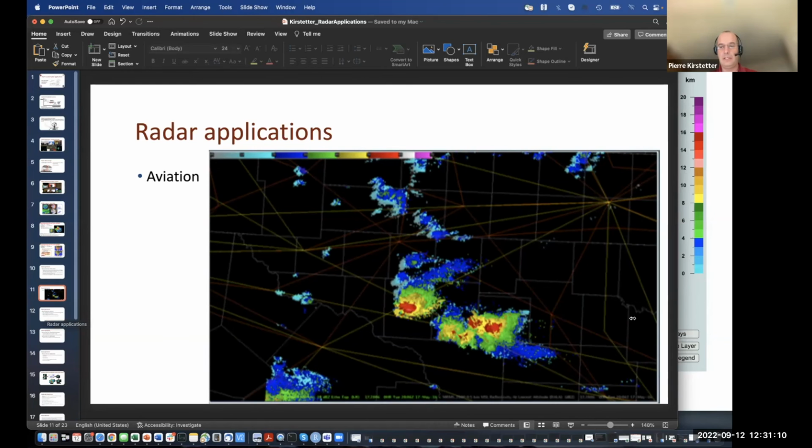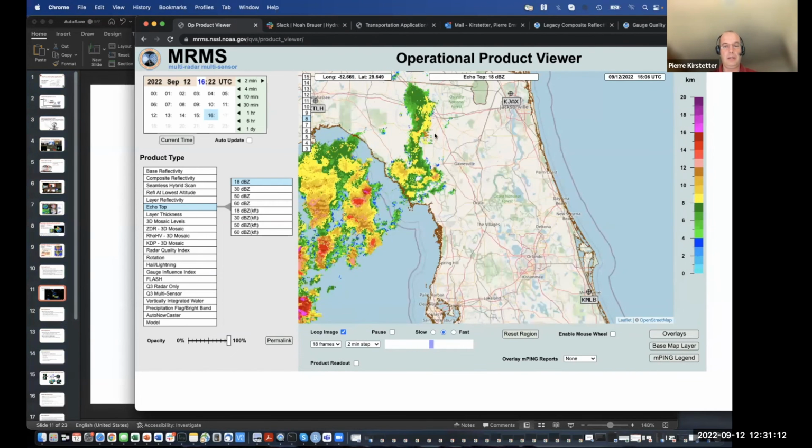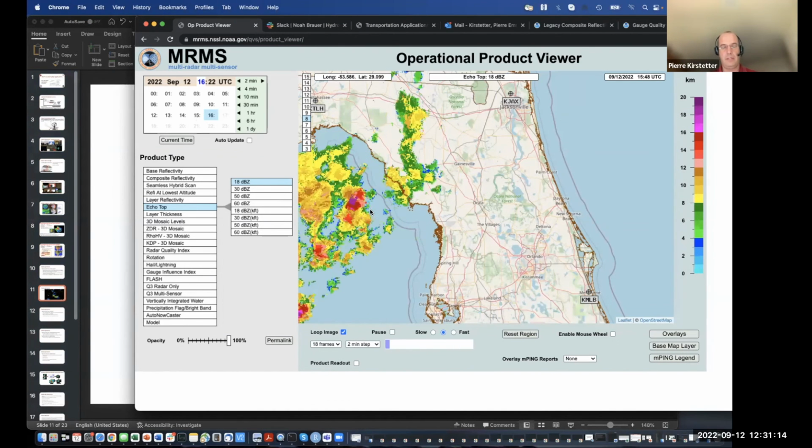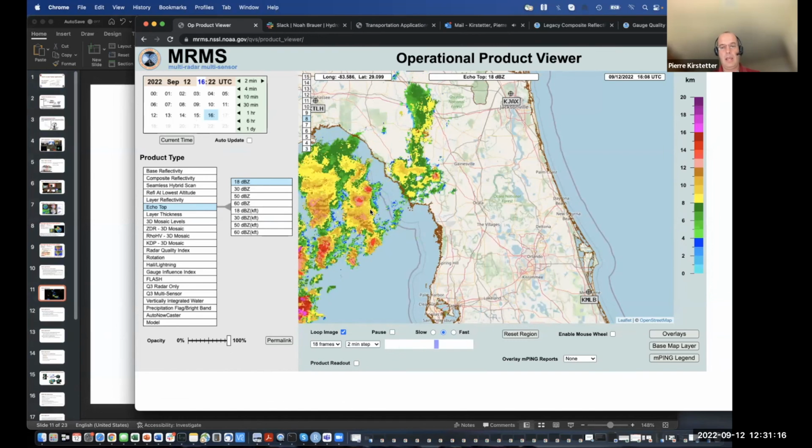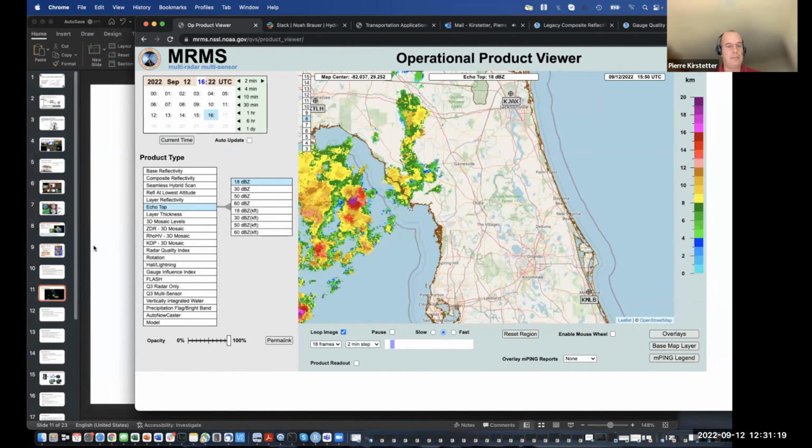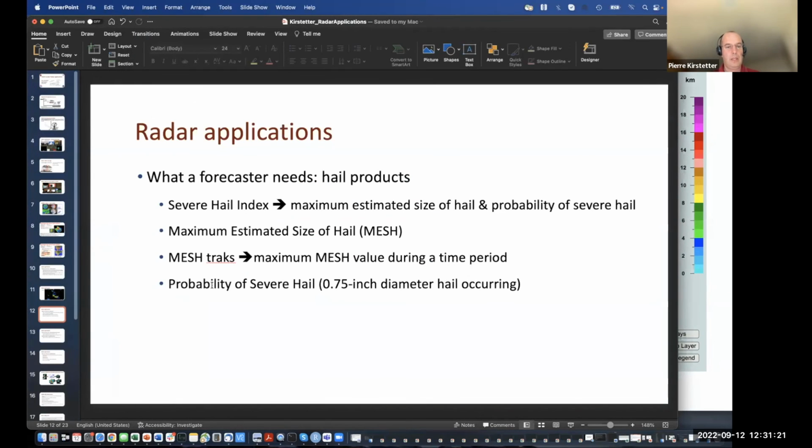So you can follow in real time what's going on with these storms, and adapt the flights. Hail products are something that received specific attention and generated the development of a number of products.